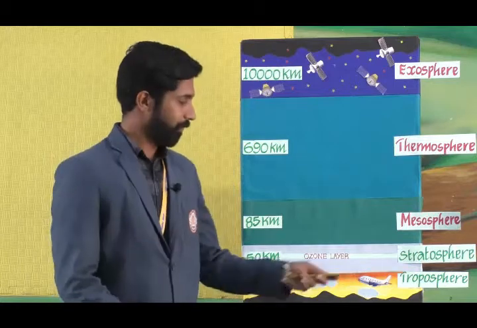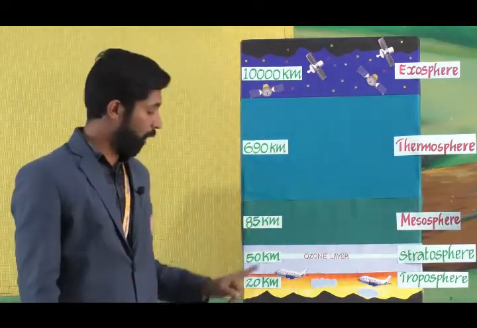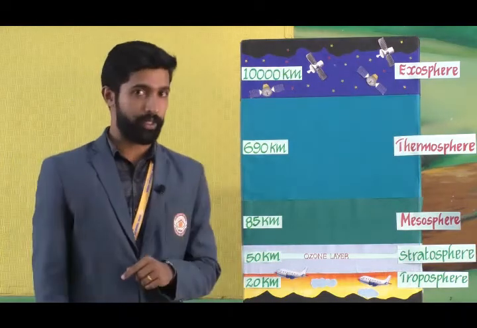Good. Our next layer is the stratosphere. This layer lies above the troposphere and extends to a height of about 50 kilometers.